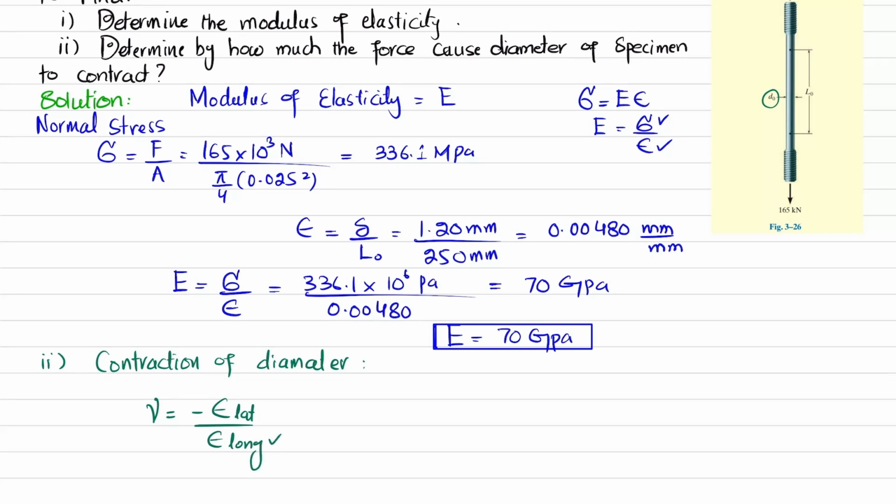We also know that there is an equation relating the modulus of elasticity E, the modulus of rigidity G, and Poisson ratio nu. So what is this equation? G is equal to E divided by 2 into 1 plus nu. Clear? We have all these values.